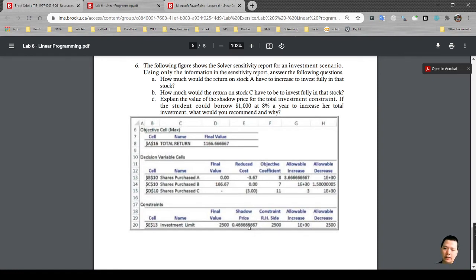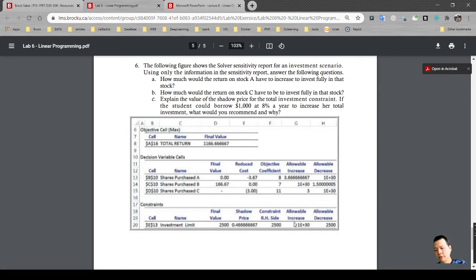And this holds within this range. If it decreases, this will decrease by this amount, within 2,500, which means 0, right? You have $0. And the maximum we can borrow is a huge number, 1 followed by 30 zeros.